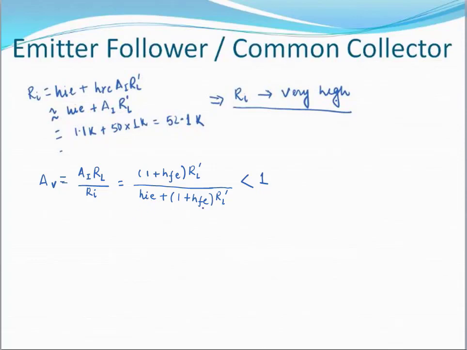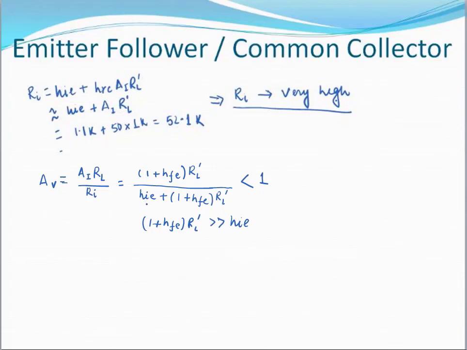And if you see the value of HIE is around 1.1 k, and we have also calculated the value of AI RL dash, that is around 50 k, and 50 k is very much greater than 1.1, so we can approximate that 1 plus HFE RL dash is very much greater than HIE.